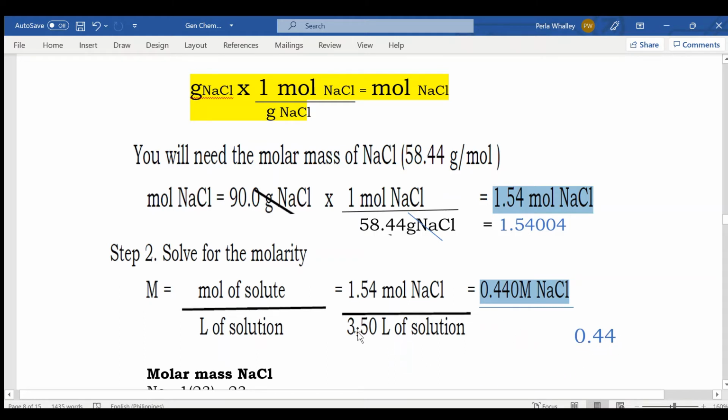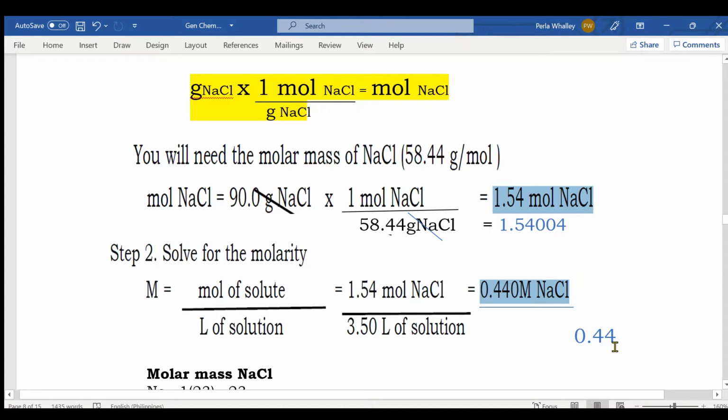Now, we follow again what we did above. This is three significant figures here, three significant figures. That means the least is three significant figures, so we will round off our answer to three significant figures. When you divide 1.54 by 3.50, the answer is 0.44.